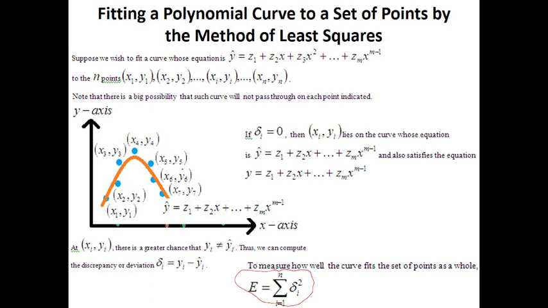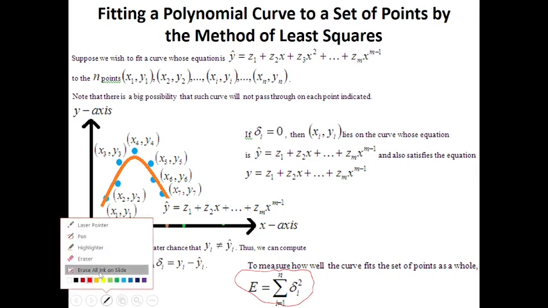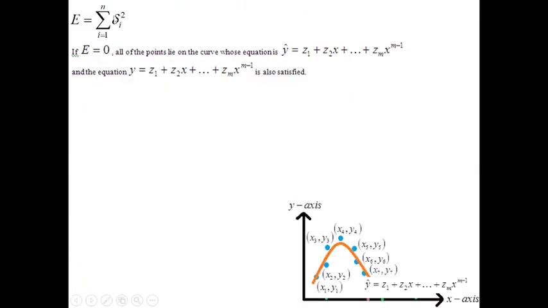So in this case, we now proceed. So this is the equation or the formula. So if E is 0, anong interpretation? All of the points lie on the curve. No? Whose equation is this?